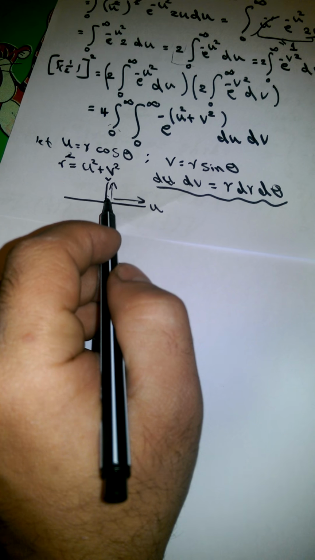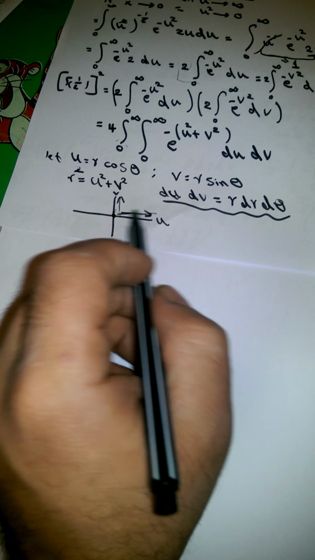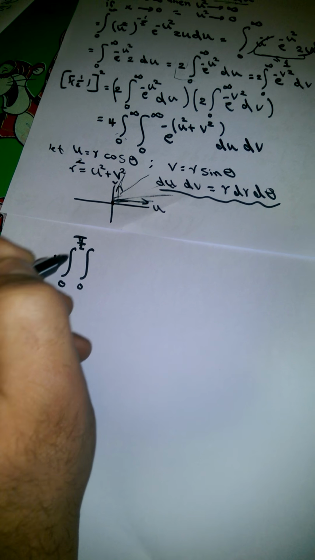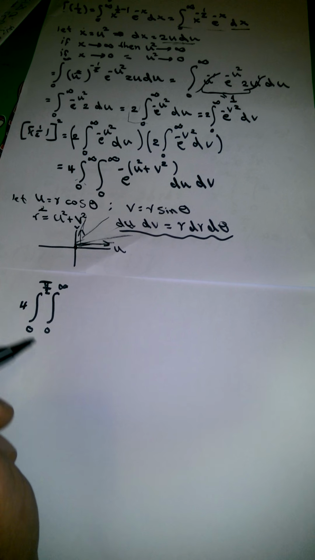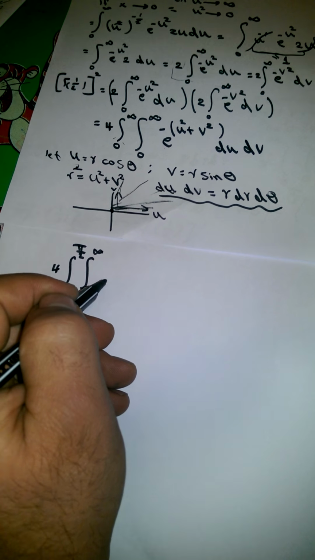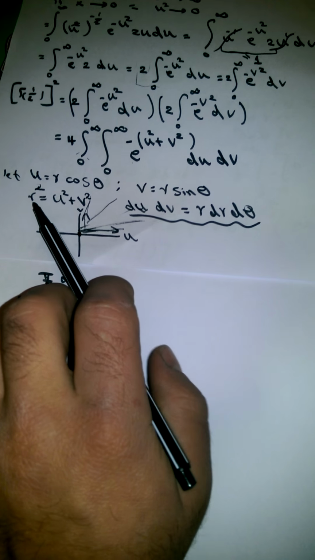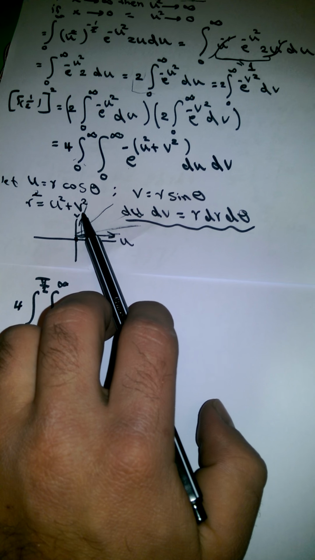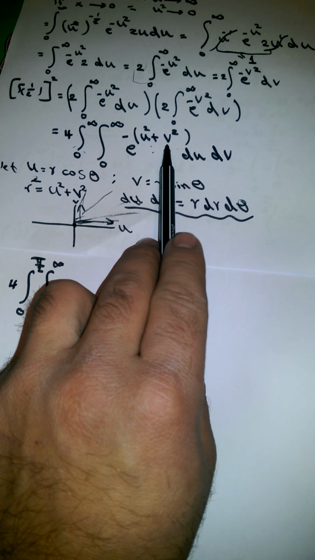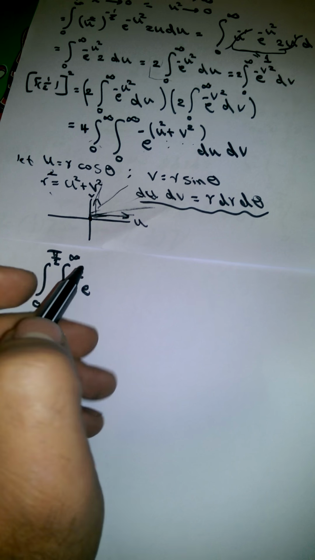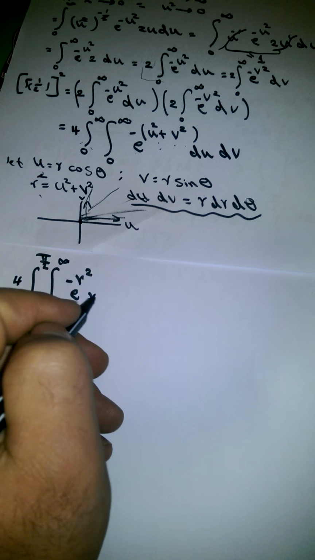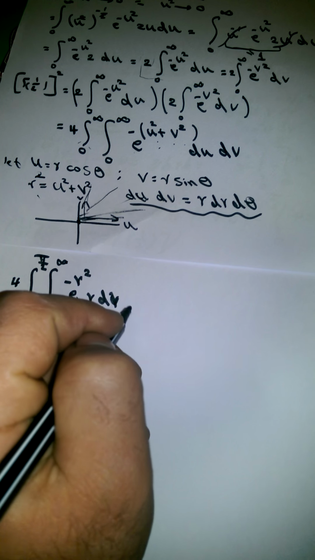The r is the radius. We have the radius anywhere from 0 to infinity. And we write e to the power minus u square plus v square. Instead of u square plus v square, we can write r square. It's minus r square, and r dr d theta.